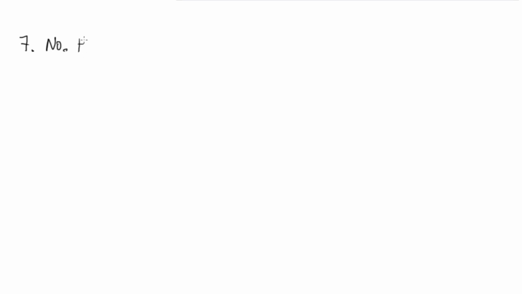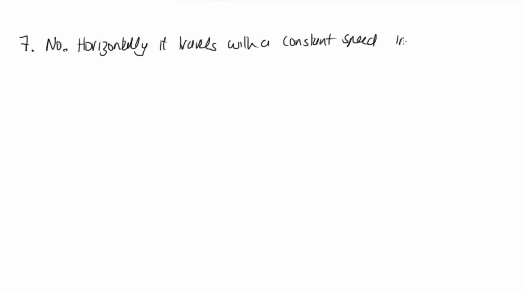Okay, so horizontally, it travels with a constant speed in the direction it was going as you let go. Now vertically, because it's above the ground, it's going to feel acceleration due to gravity and accelerate down to the ground.